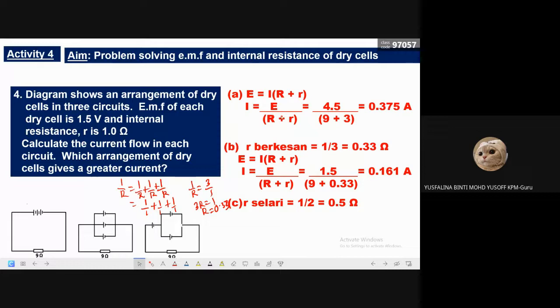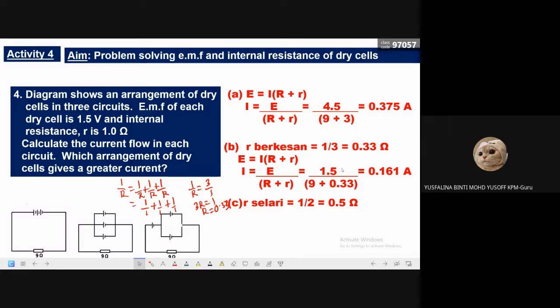Okay, so again we use the same formula. Your E is 1.5, because now for the parallel the voltage is the same, 1.5.